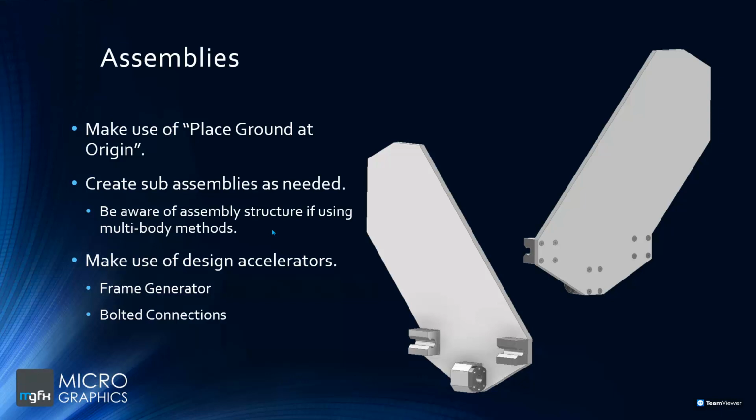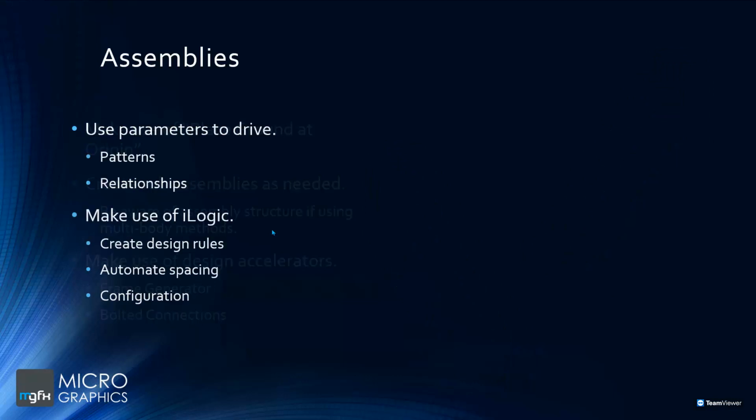And if you change the placement of the bearings, you would update the bolted connections, and it's a basic two-click process to make sure that those are updated and in the correct location.